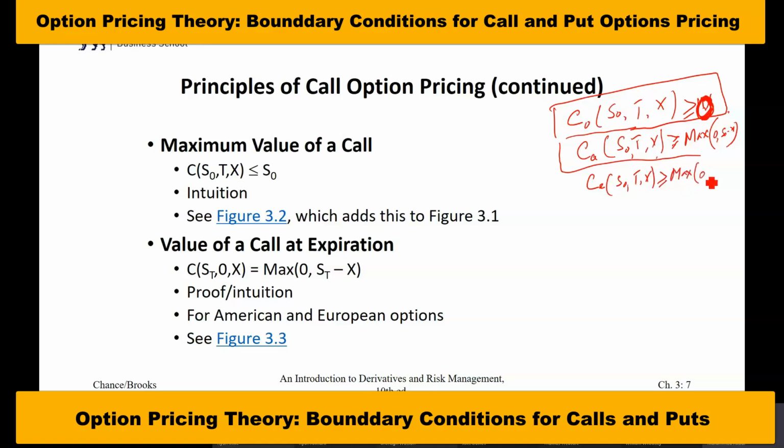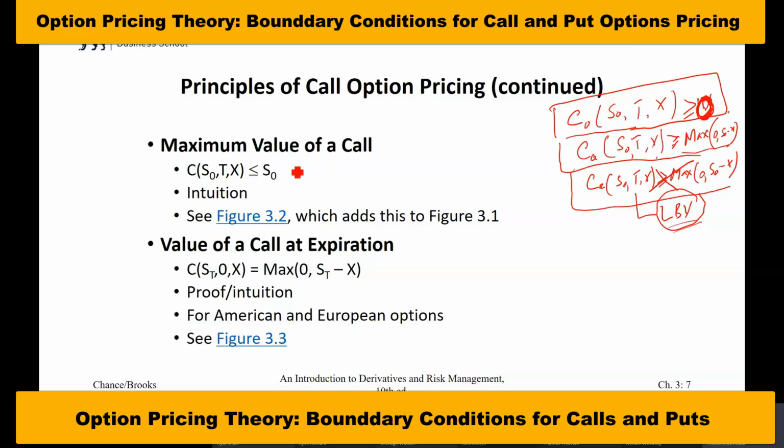For the Europeans, we cannot say this. So we will later on talk about a concept that we call the lower bound value of a European call. Though the European calls do not have intrinsic value, they have another concept, the lower bound value, and we will see that through a portfolio.